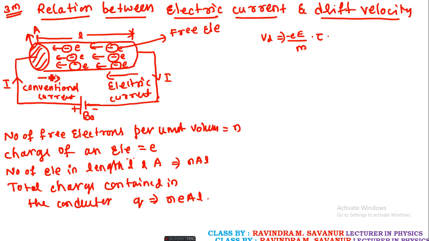Now look at this diagram, students. This conductor has length L, and the electron takes time t to move from one end to the other end. Hence we can calculate Vd. Vd stands for drift velocity.